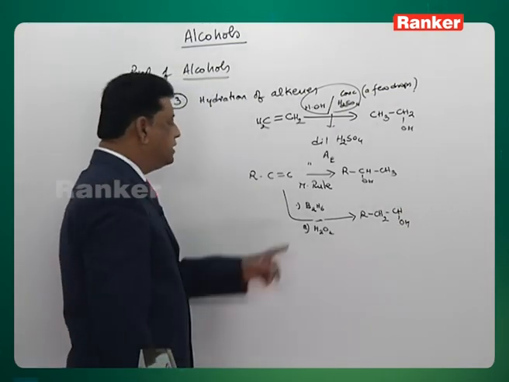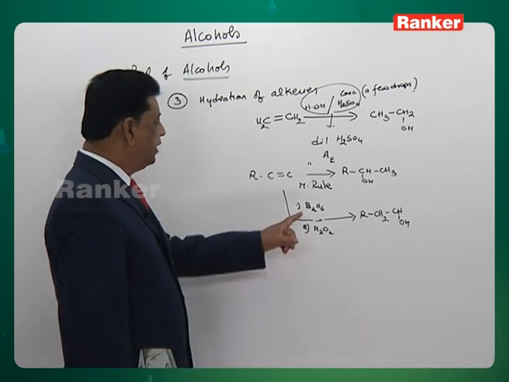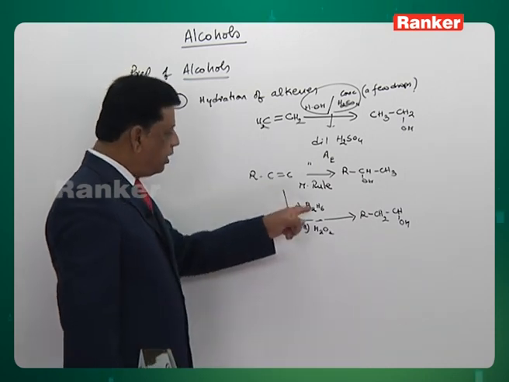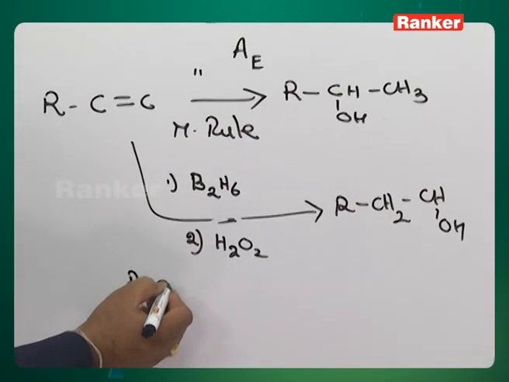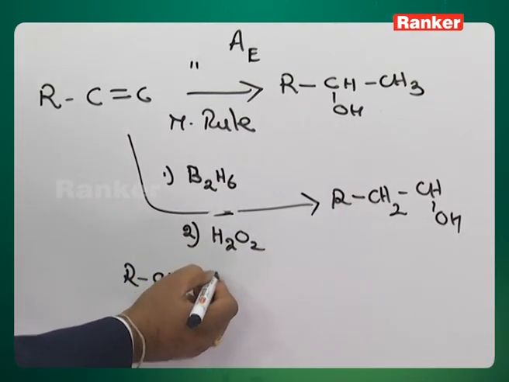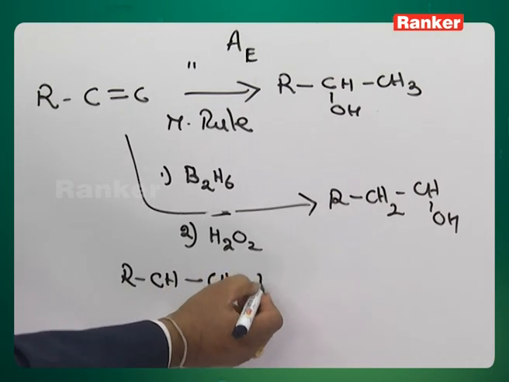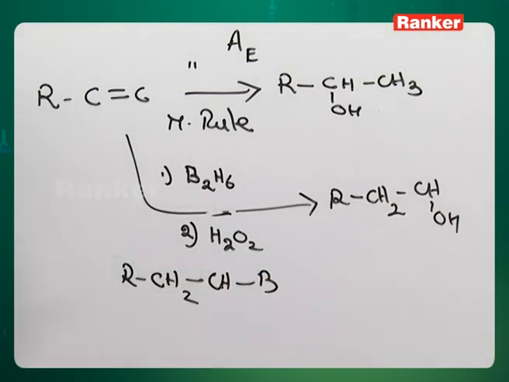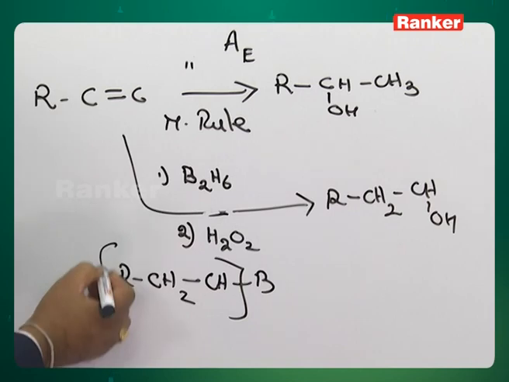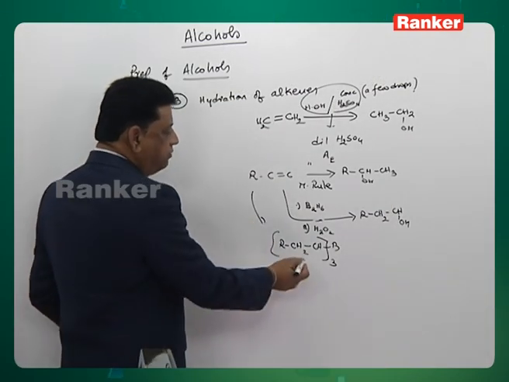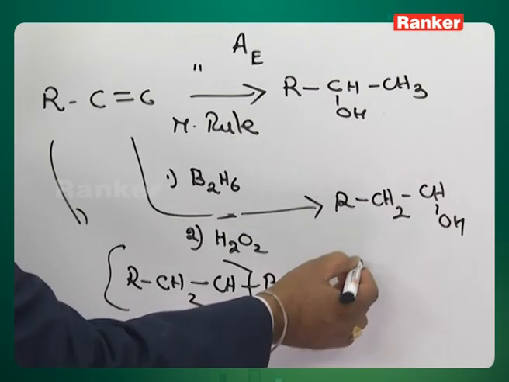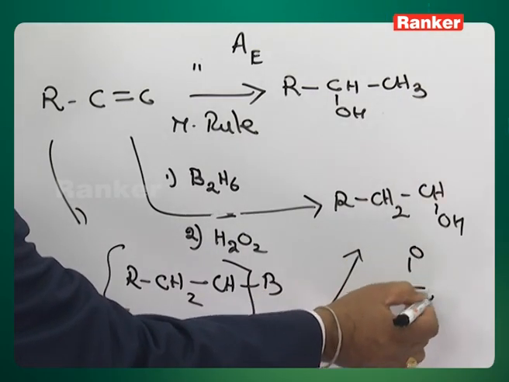Here H minus will be added and the B plus is added according to the Markovnikov rule only, but the product formed like this, intermediate will be like this. H is added to the center and the B is added to the terminal. So a trialkyl borane comes as an in-between product, which on reaction with hydrogen peroxide will give the 1 degree type of alcohol.